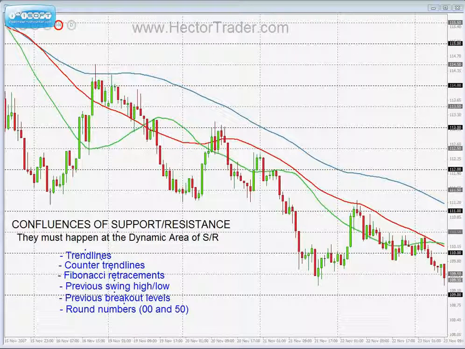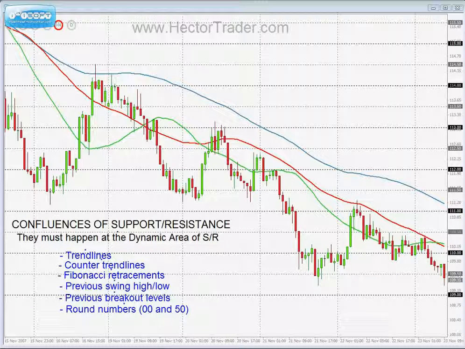If you have one element of support or resistance and you add another element that falls in line in your chart, very close to each other, they strengthen each other, and therefore that level becomes doubly powerful as a support or resistance.